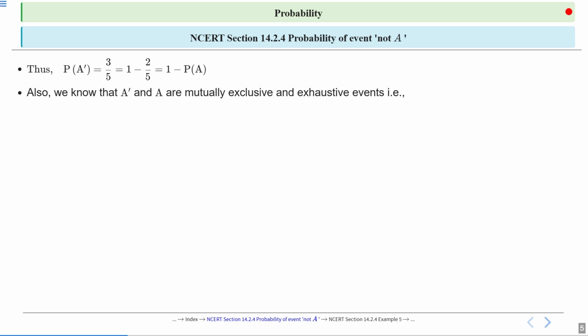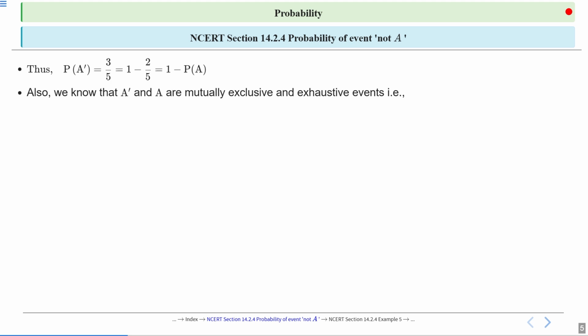You can easily verify it. If you take intersection of A complement and A, then you will get empty set. So A intersection A complement is equal to empty set, so A complement and A are mutually exclusive events.